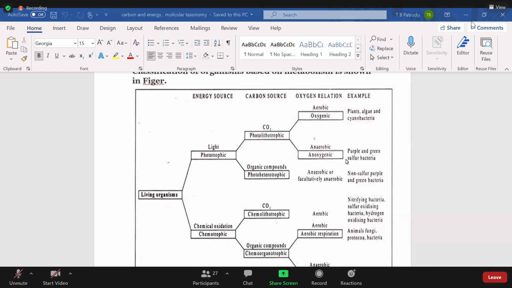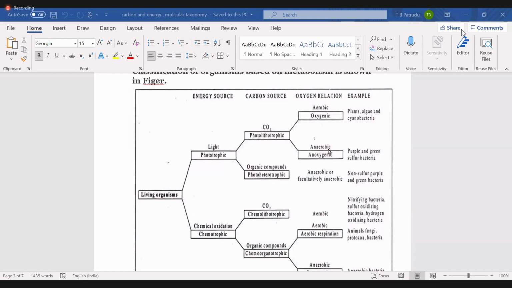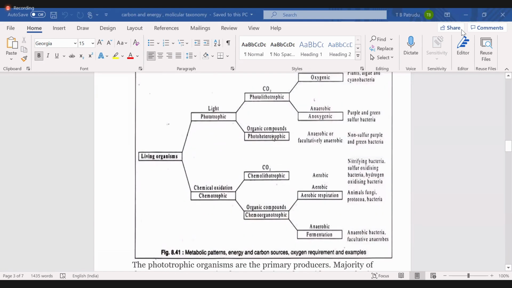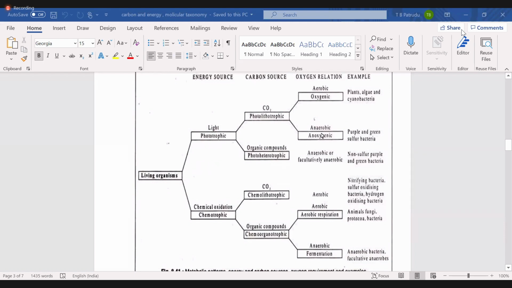And all these are purple and green sulfur bacteria, which come under anaerobic. Anaerobic, anoxygenic reactions take place. Next, organic carbon compounds, the dependence of photochemotrophs, is all anaerobic.